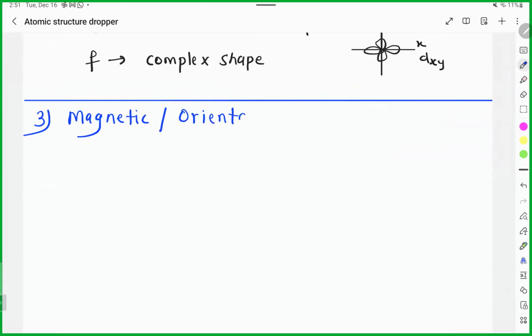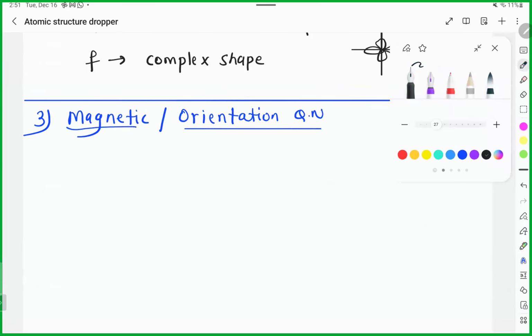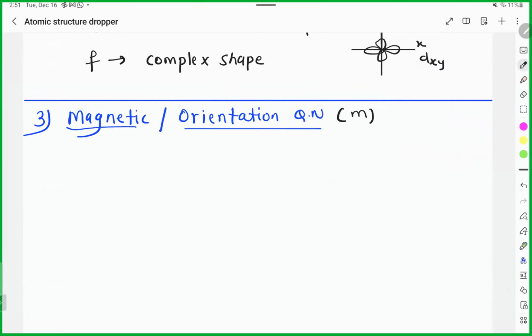It tells us about orientation, and this orientation is represented by m. Given by Linde. As the name suggests, it explains the orientation of the orbital. And again, this is a NEET 2024 question.